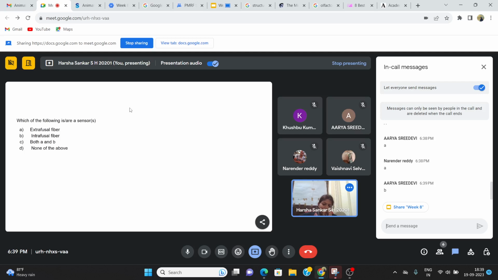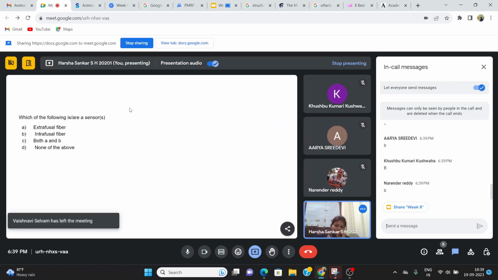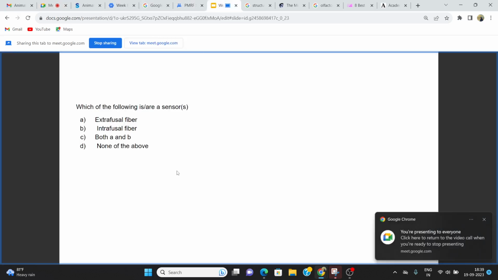We discussed, right? What is the sensor part? Yes, correct. So the correct answer is option B only. Intrafusal fibers are the sensors, or the muscle spindles.